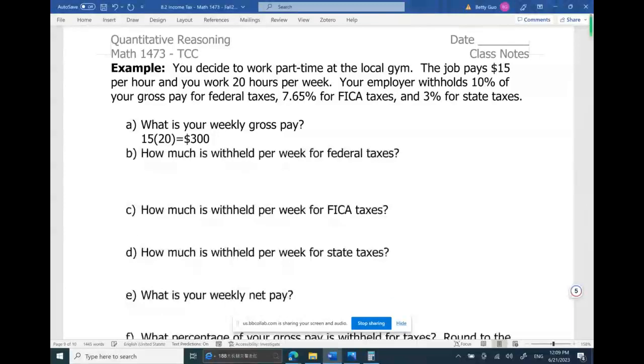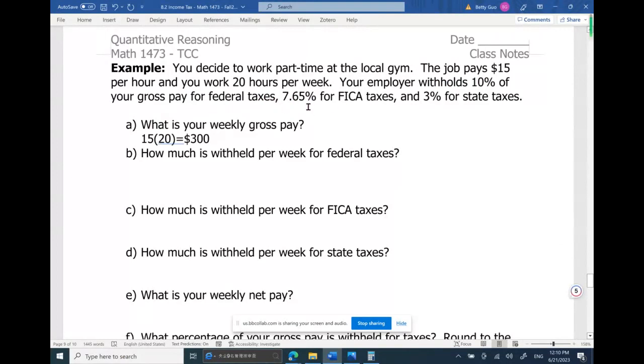That's the first part. Second part, how much is withheld per week for federal taxes? We must use the information that is given. You don't create your own conditions. Read the question. Your employer withholds 10% for federal taxes.